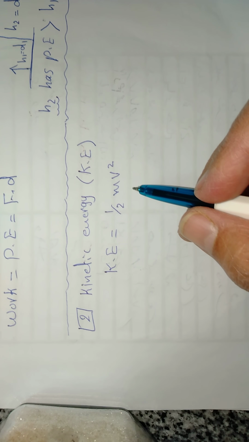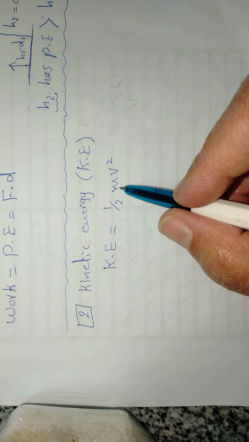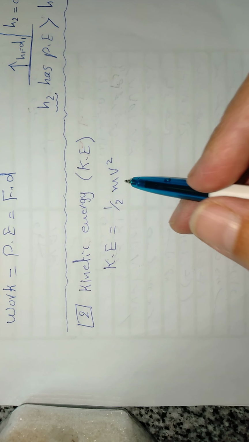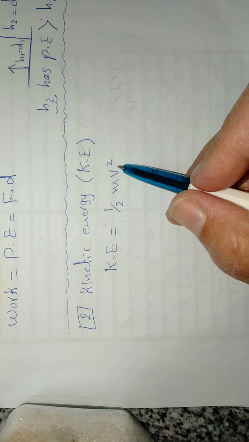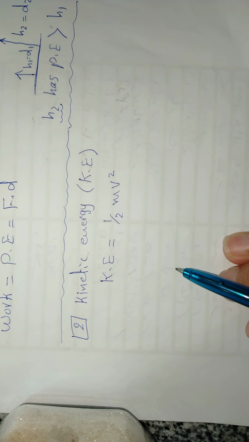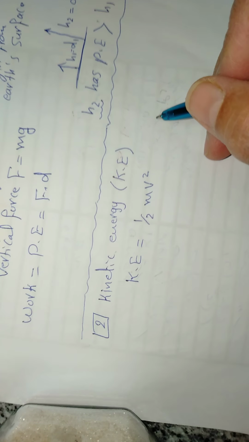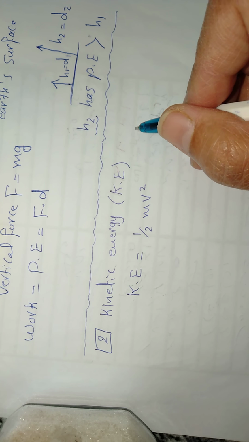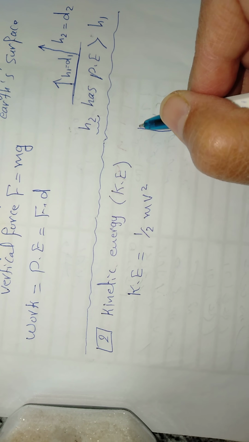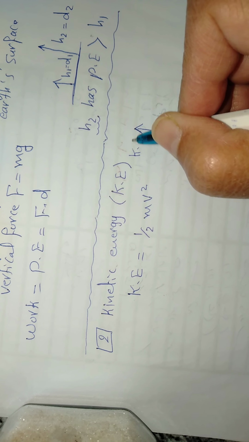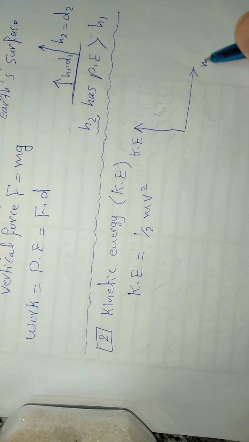The factors affecting the kinetic energy are the square of the velocity at constant mass, or the mass at constant velocity. We can draw the graph which represents the relation between kinetic energy and mass.